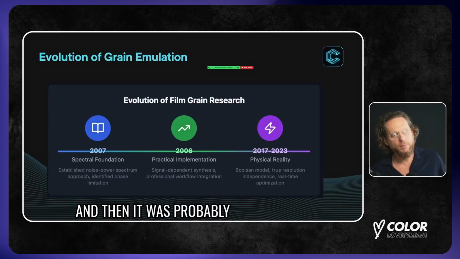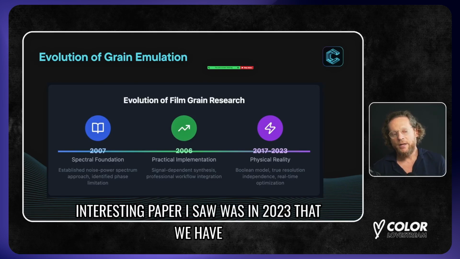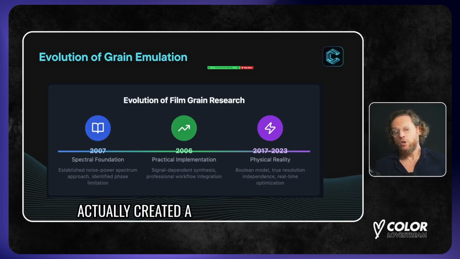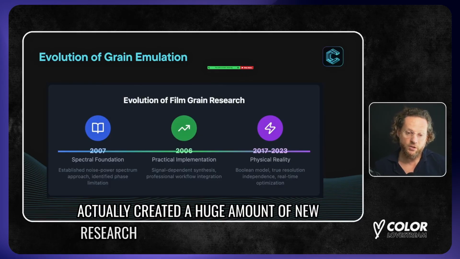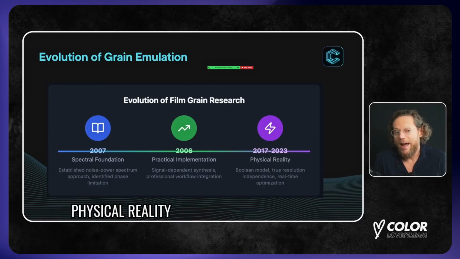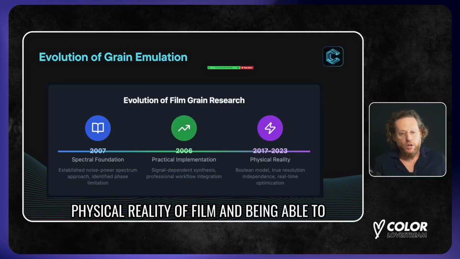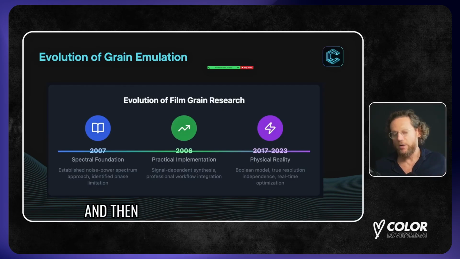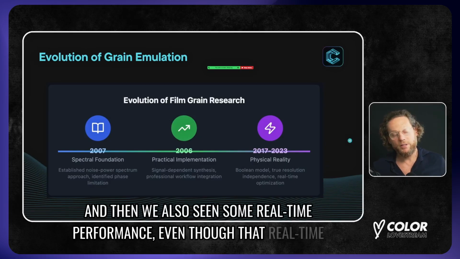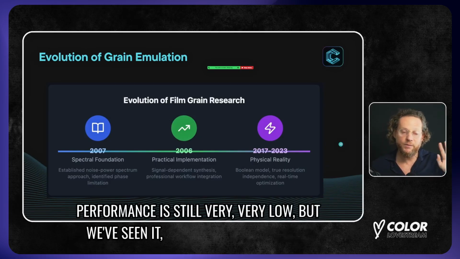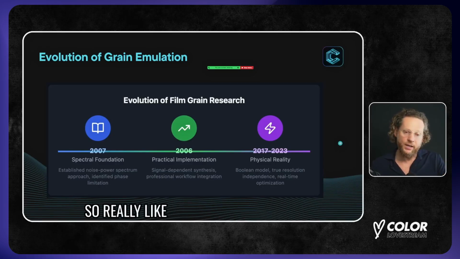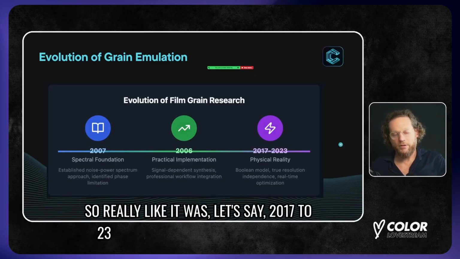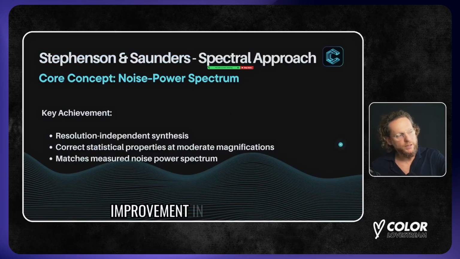Then it was probably not until 2017, with the last really interesting paper I saw in 2023, that we created a huge amount of new research and developments in the physical reality of film, utilizing Boolean models, true resolution independence, and some real-time performance, even though real-time performance is still very low. So 2017 to 2023 saw a huge amount of improvement.